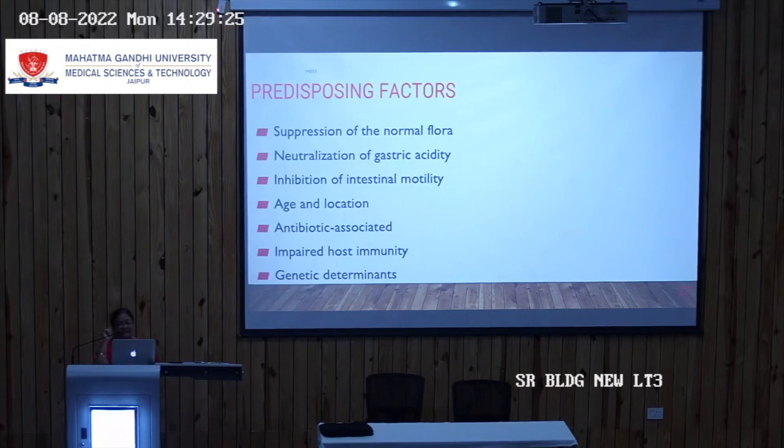Then there is inhibition of intestinal motility, age and location, antibiotic associated impaired host immunity, which means the person is immunocompromised, then genetic determinants are always important.